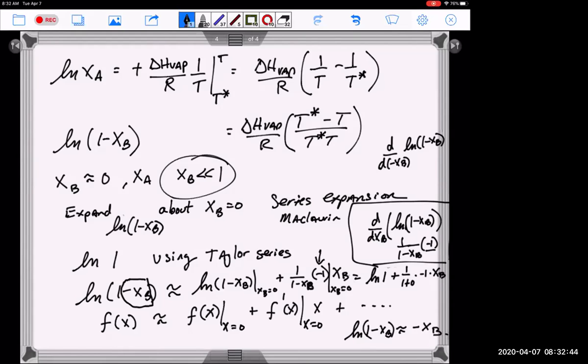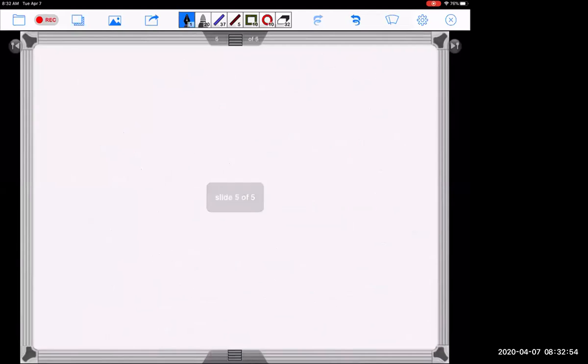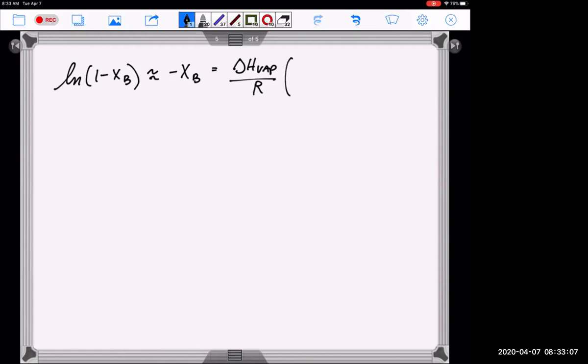So that's our result, and we're going to put that up here. So we get the ln of 1 minus xb is more or less minus xb, which is equal to delta H of vaporization over R, times 1 over T star minus T over T star times T. And we're going to put the minus sign on the other side.